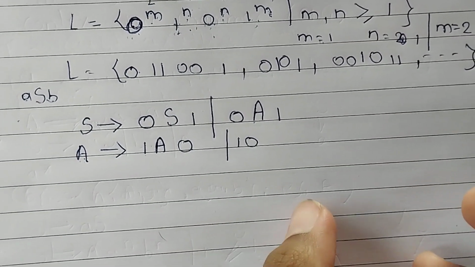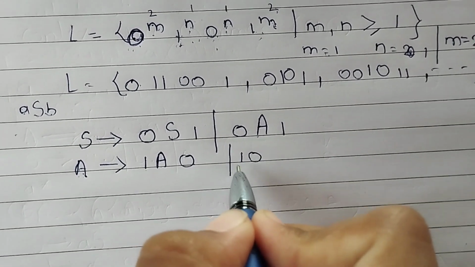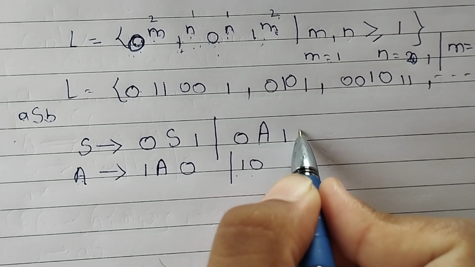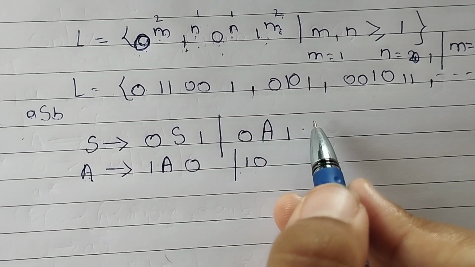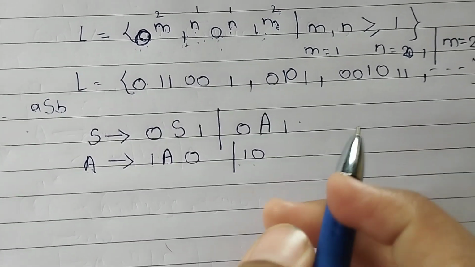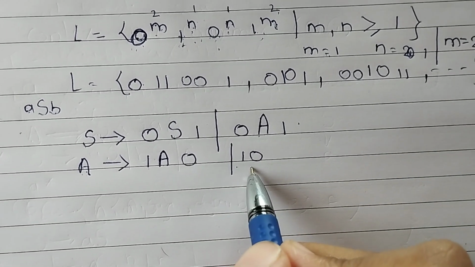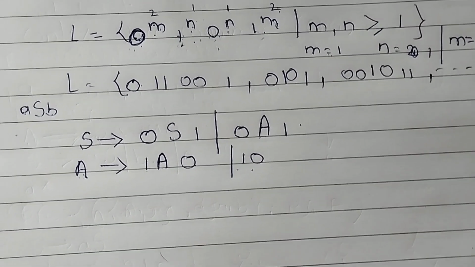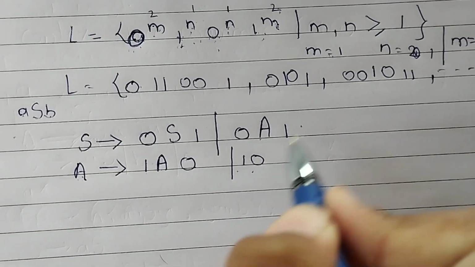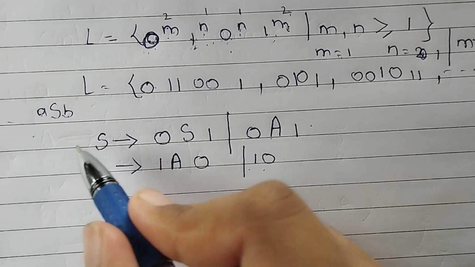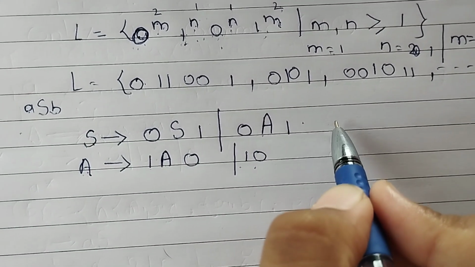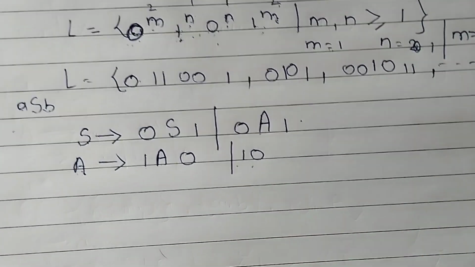Most of the time, keep in mind, do not write the final input in our starting symbol if not essential. If essential, then yes, but most of the time write the final input in the second production, because if I stop here and write 1 0, then I directly read that input and stop the production.